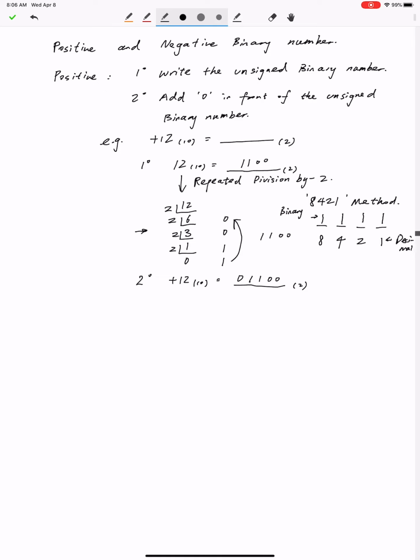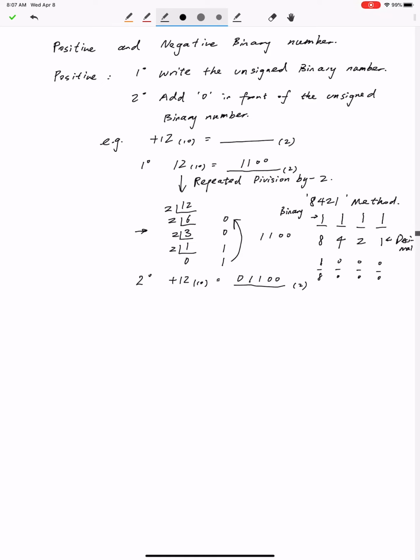If you just write a single 1 in the first digit, and write all zeros on the other digits, then that represents 8. Since the second digit is 0, it means there's no decimal 4 in this binary number, right? So that should be 8 plus 0 plus 0 plus 0.